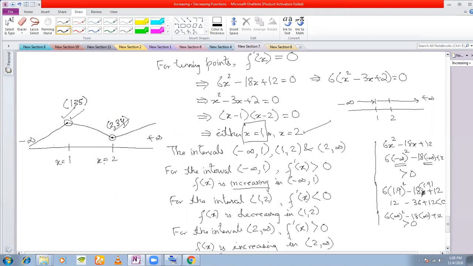So is the point 1 comma 35 a local maxima or minima? Local maxima. This is a point of local maxima. What about this point? Local minima. Clear? So this is as simple as this. This is also called the first derivative test.